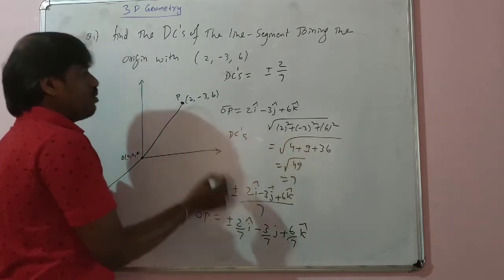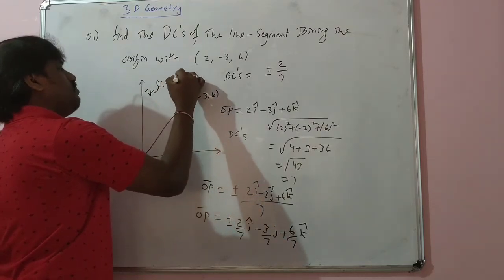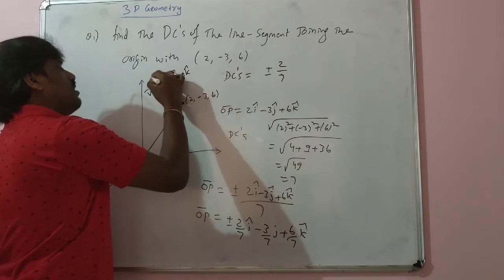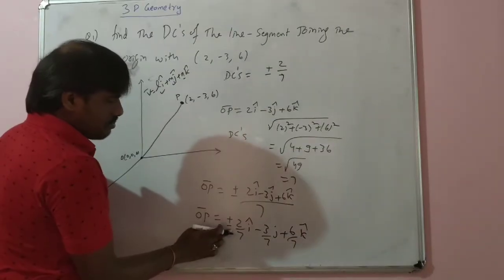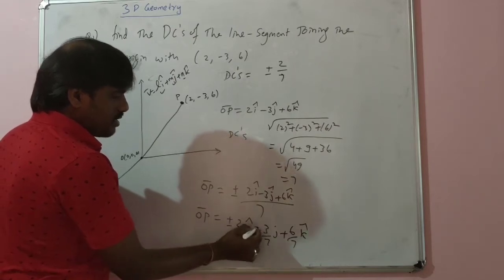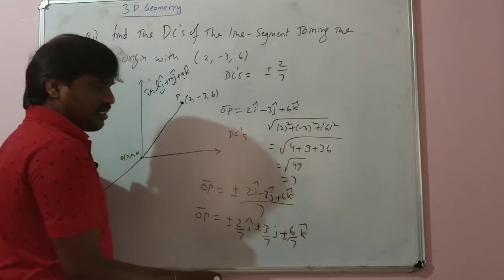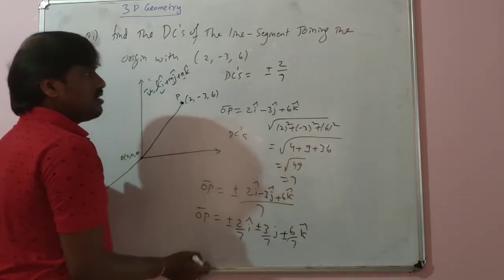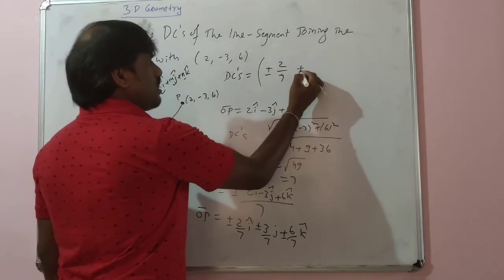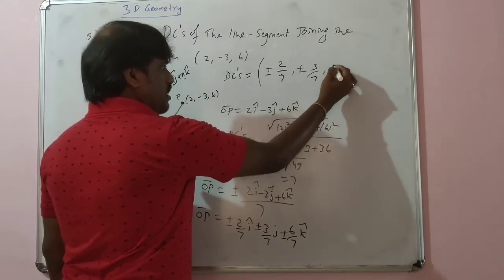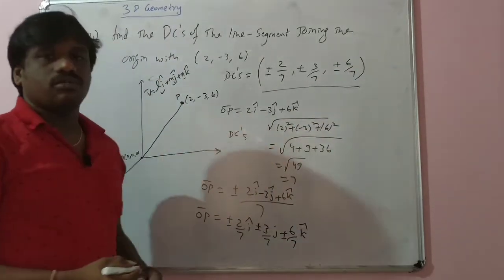In the morning lecture I told you this vector can be written as Li plus Mj plus Nk, and these L, M, N are called direction cosines. So the direction cosines are plus or minus 2 by 7, plus or minus 3 by 7, plus or minus 6 by 7.